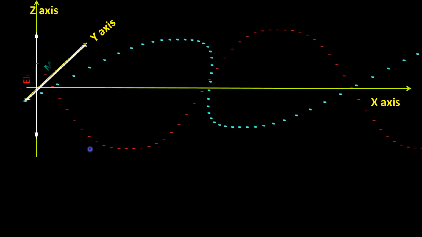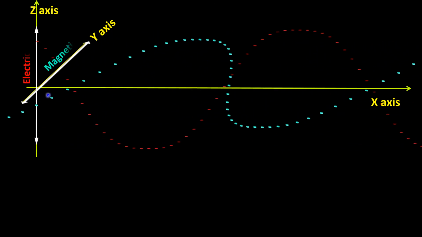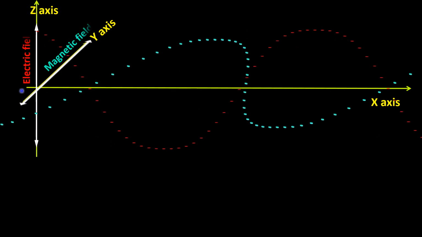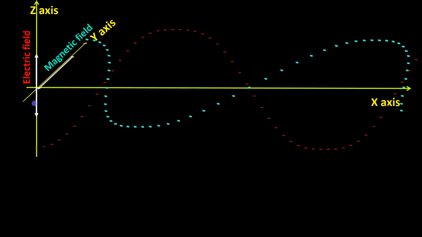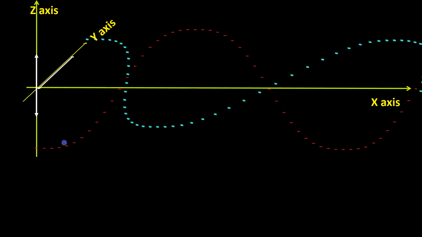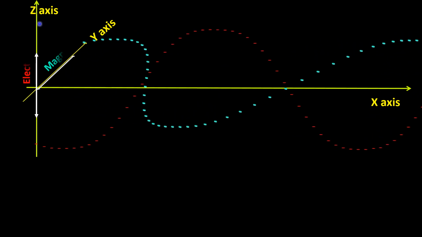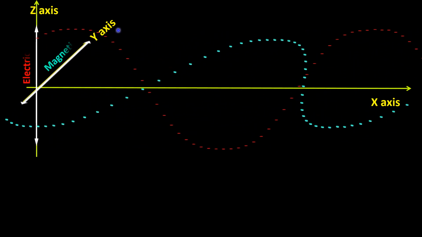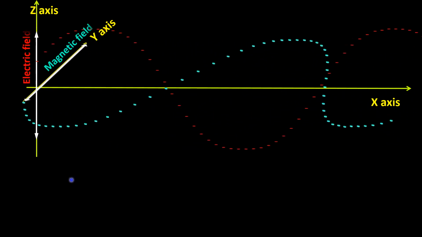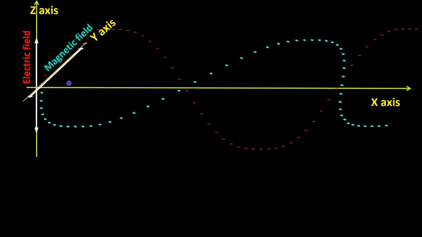Both fields are varying perpendicular to one another, and the wave is moving perpendicular to both of them in this direction. So along the x-axis the wave is moving, along the z-axis the electric field is varying, and along the y-axis the magnetic field is varying. So this is the propagation of the electromagnetic wave.